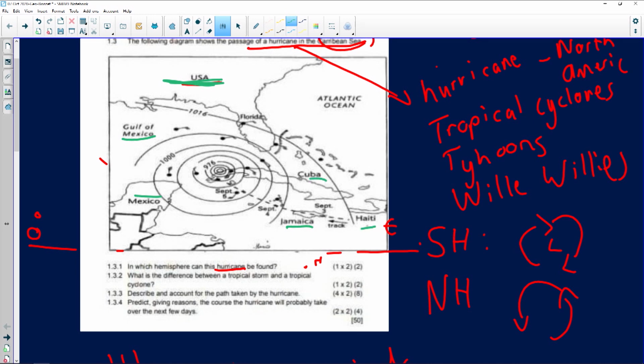So what tends to happen, this tropical cyclone moves, warming up, especially in this Gulf of Mexico. The Gulf of Mexico experiences quite warm ocean temperatures, so it fuels this tropical cyclone to become enormous, to become extremely strong. Gale force winds up to 160 kilometers per hour.